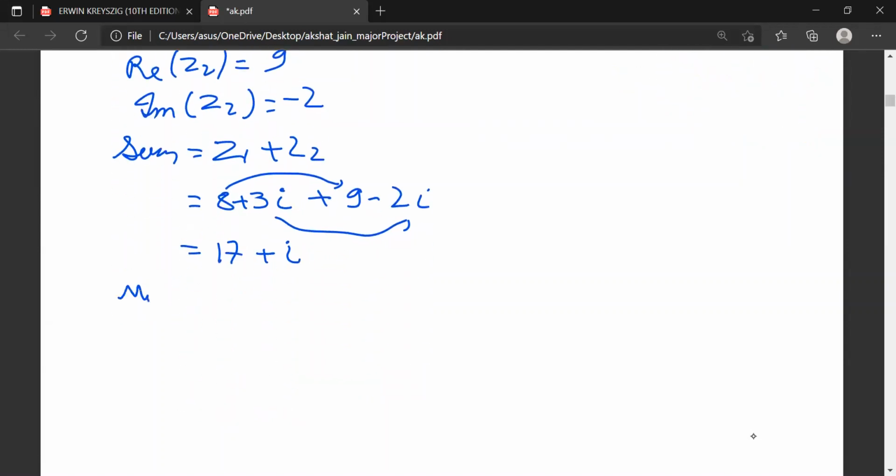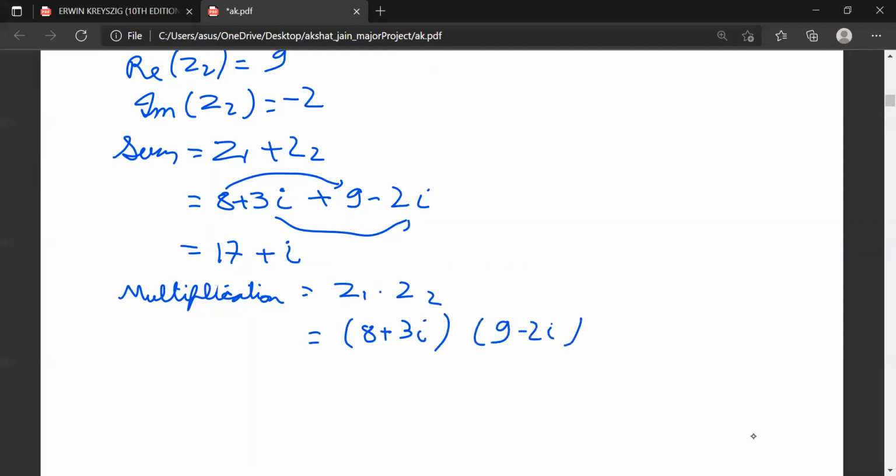So multiplication: Z1 dot Z2 equals 8 plus 3 iota into 9 minus 2 iota. We multiply this with this: 8 with 9 is 72, and 8 with minus 2 iota is minus 16 iota.